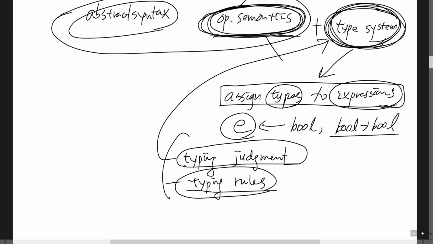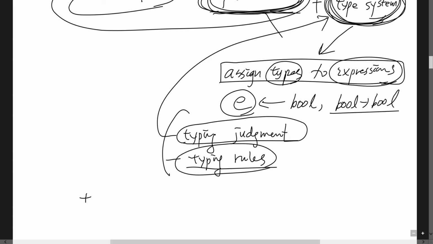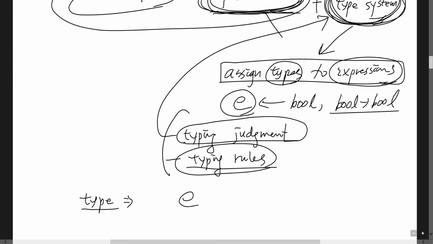Then why do we need types? Types are very useful because they allow us to determine the form of the value that we can obtain from a given expression. For instance, suppose that you are given an expression e, and this type system decides that it has type bool.